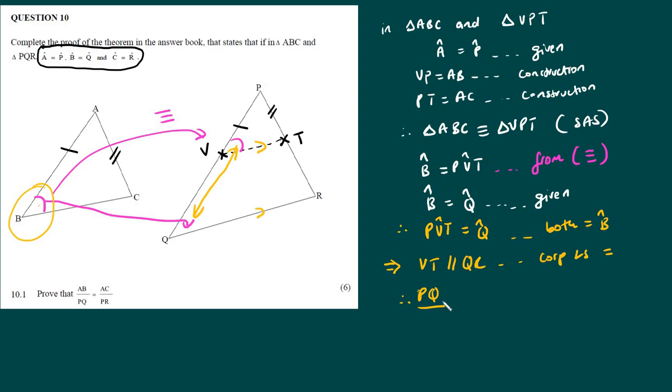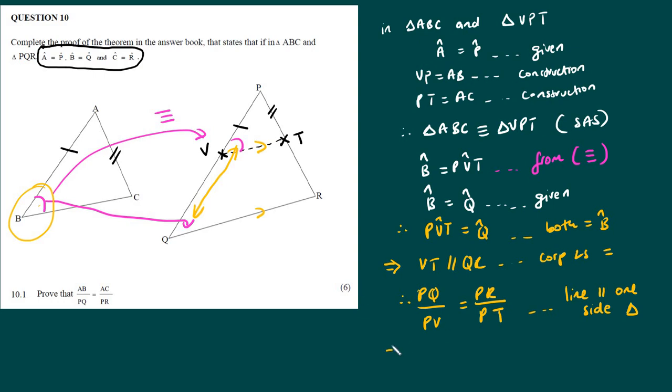Okay, write it. PQ over PV is going to be equal to PR over the constructed one, PT. Please tell them this is because of a line parallel to one side of a triangle. You are using the proportionality theorem, so please tell them that.